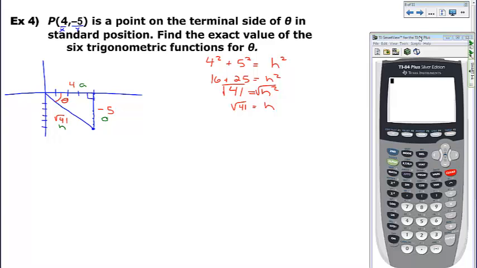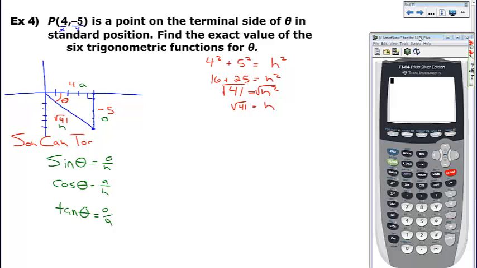Now I have three sides, I have a reference angle, I should be able to use my trigonometric functions. If you have not memorized these yet, use the mnemonic SOHCAHTOA, sine opposite over hypotenuse, cosine adjacent over hypotenuse, tangent opposite over adjacent. This will allow you to find the given ratios as will be posted here.